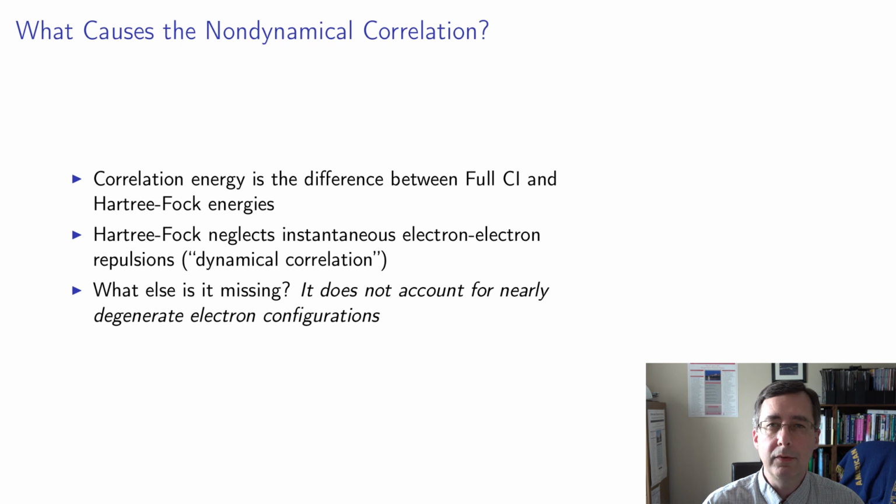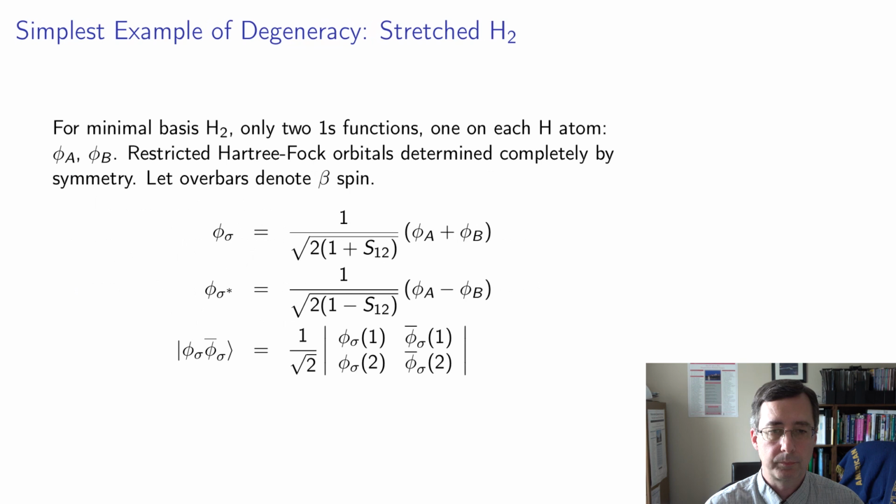Well, we're missing the fact that as I stretch bonds, I have electron configurations that become more important or closer in energy to the dominant Hartree-Fock reference electron configuration. And that is a new kind of consideration that we have to account for. And that gives rise to so-called non-dynamical correlation.